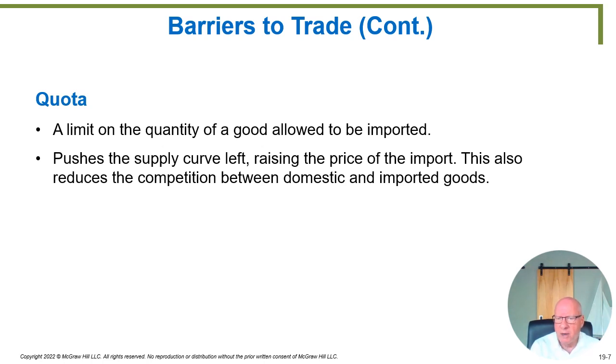But remember which Americans are benefiting. It's the stockholders at Ford, the workers at Ford, but what about the Americans who buy cars? They're being hurt. And there's way more people who buy cars that are being hurt than there are people in Detroit that are being helped. And that's always the danger to these things.